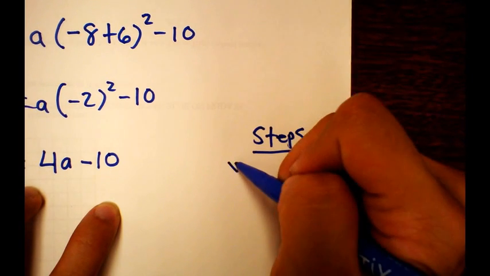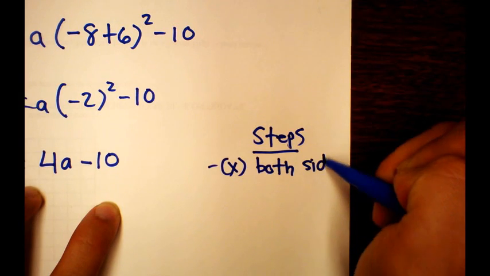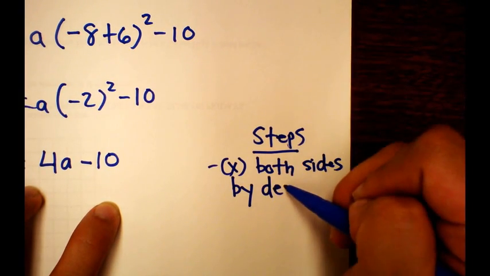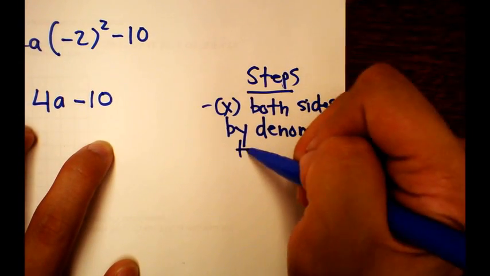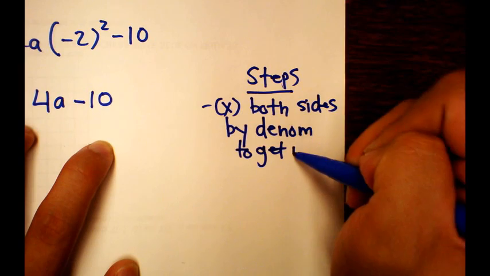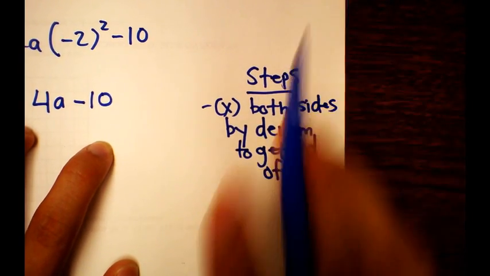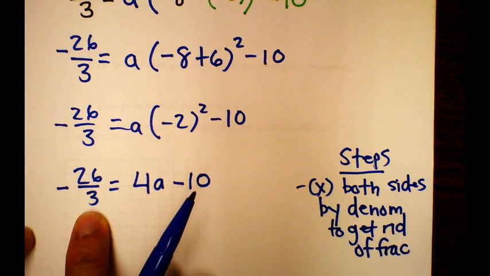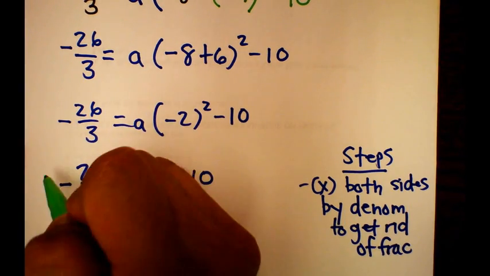Multiply both sides by the denominator. The reason why we're doing this is to get rid of the fraction. Okay, what is the denominator that we see? It is 3, so what we're going to do is multiply both sides by 3.